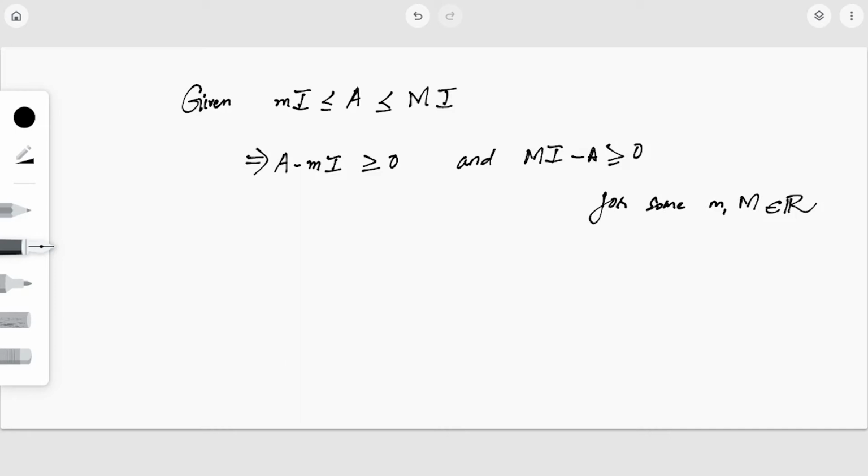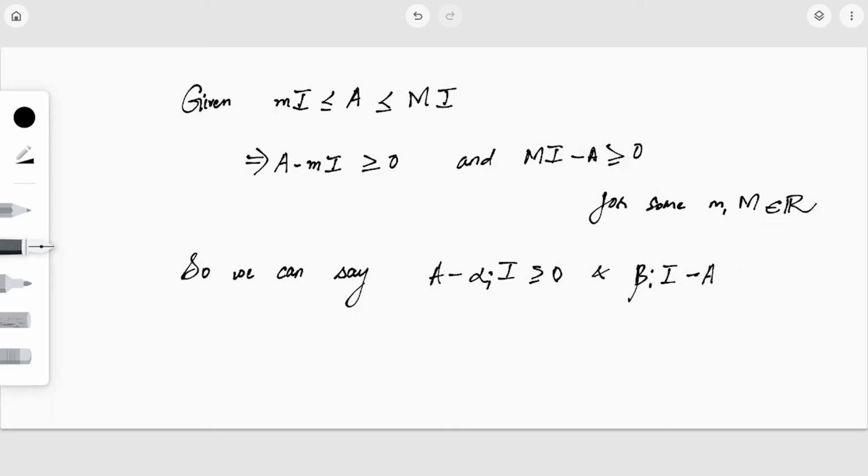So we can say a minus alpha I into I is greater than or equal to 0, and beta I minus a.